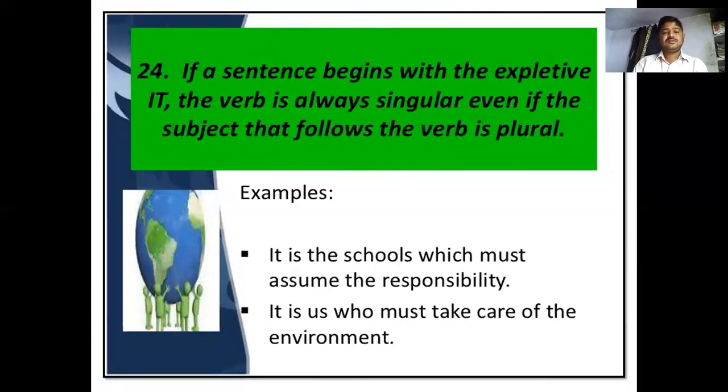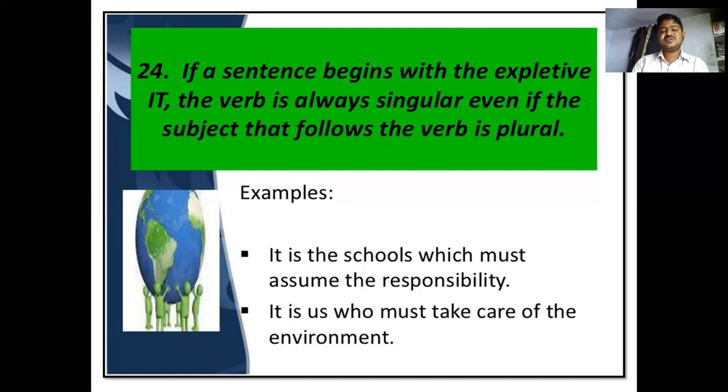Then, if a sentence begins with the expletive it, the verb is always singular, even if the subject that follows the verb is plural. It is the school which must assume the responsibility. It is the schools.